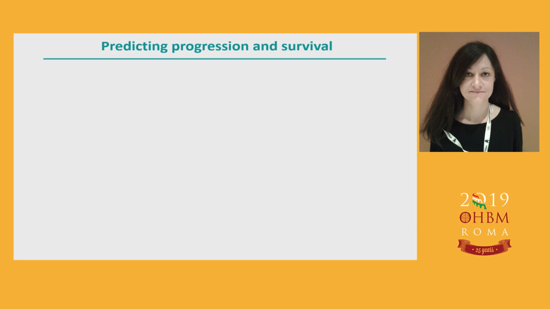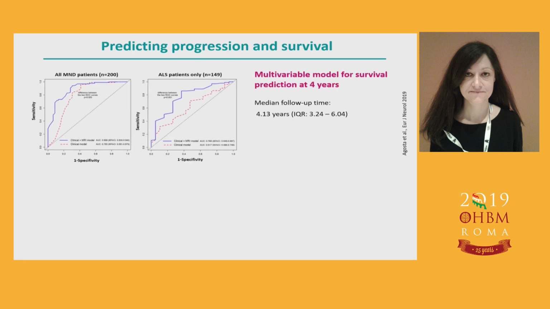And I'd like to show you this recent work from our group, again looking at the prediction of clinical evolution and survival in amyotrophic lateral sclerosis. That is a very rapid disorder. You should consider that the median survival of patients with ALS is around 4 years.